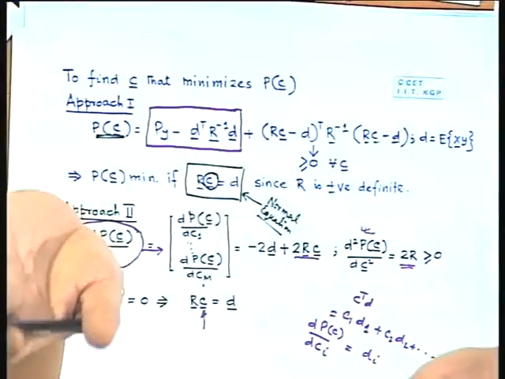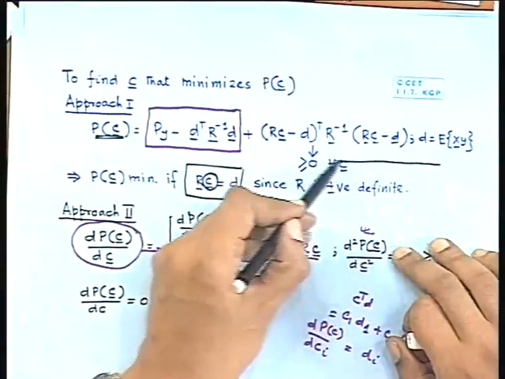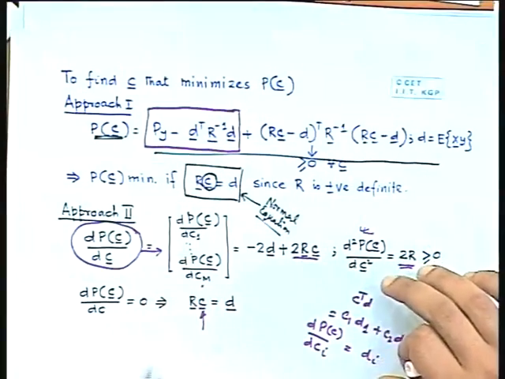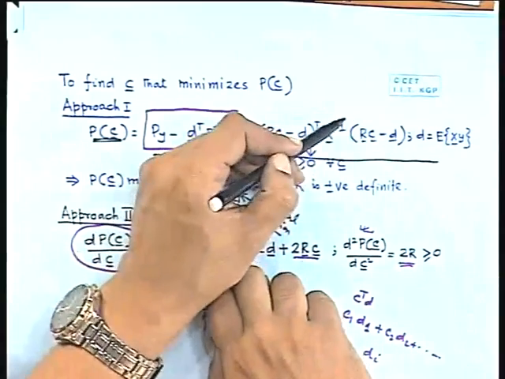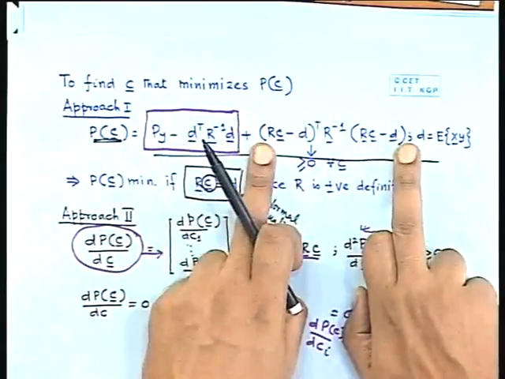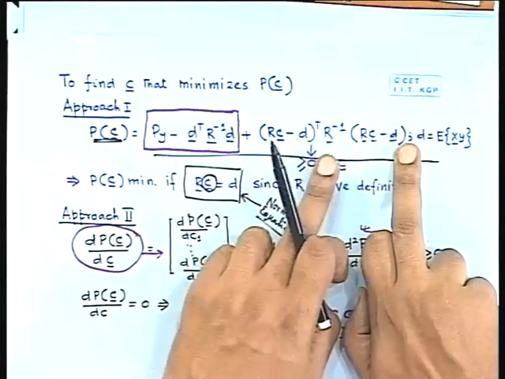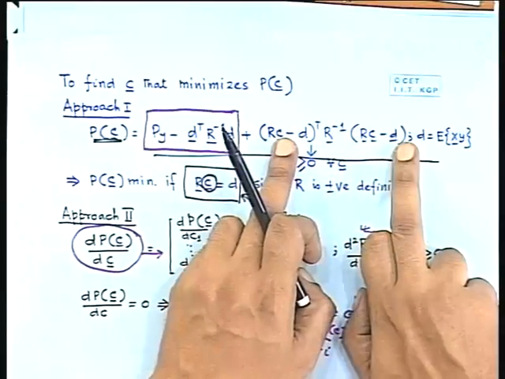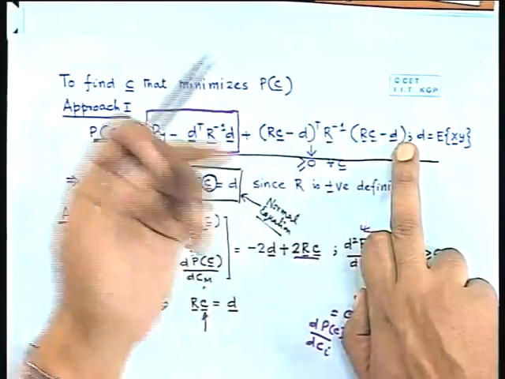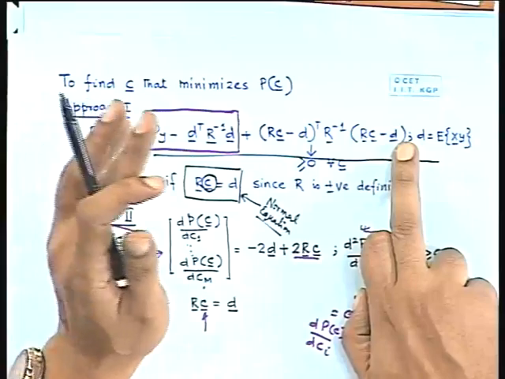So what did we find? Suppose you choose an arbitrary weight C, then what is going to be the error? This is going to be the error, total thing. If weight C was equal to C0, that is the optimal weight, then this last term will be 0. See, the last term is always positive because R is a positive definite matrix. R positive definite means R inverse is also positive definite.